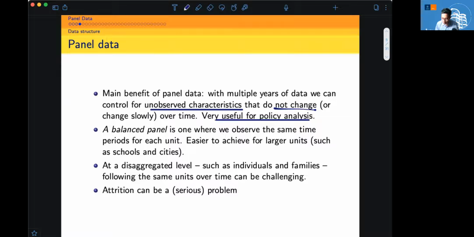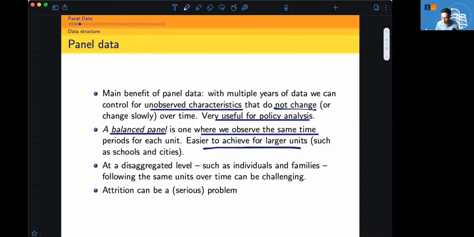Now, we're going to have what's called a balanced panel if we observe the same time periods for each unit in the data set. Note that it's easier to have a balanced panel for larger units.